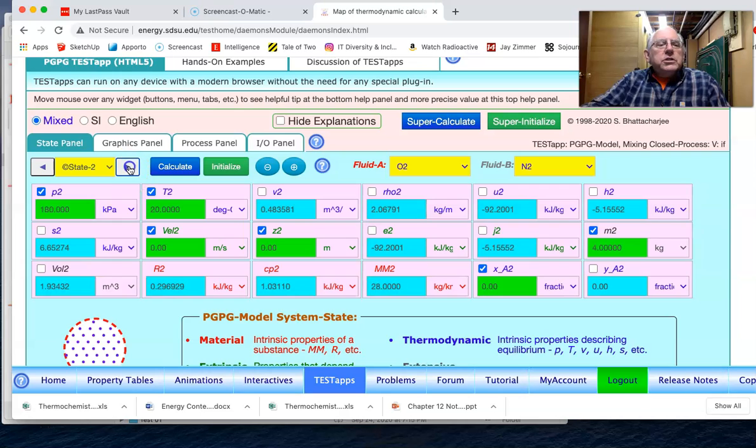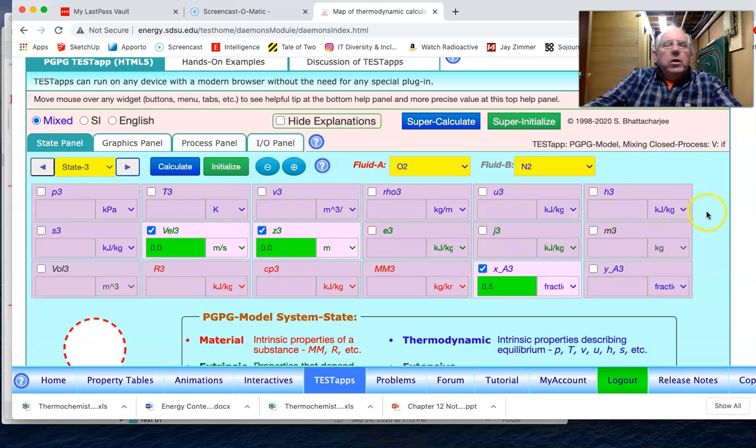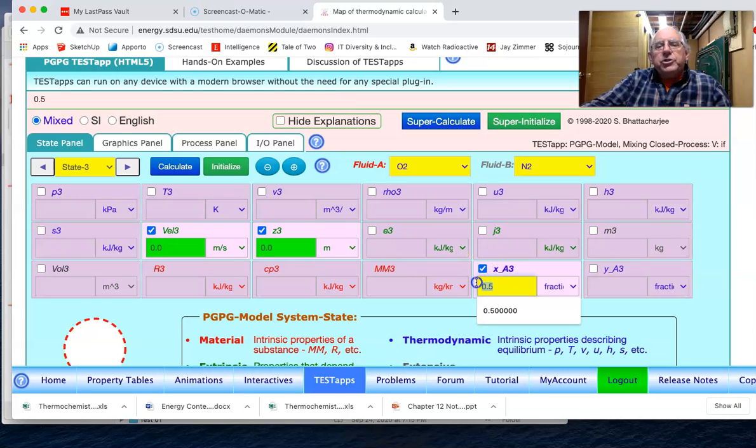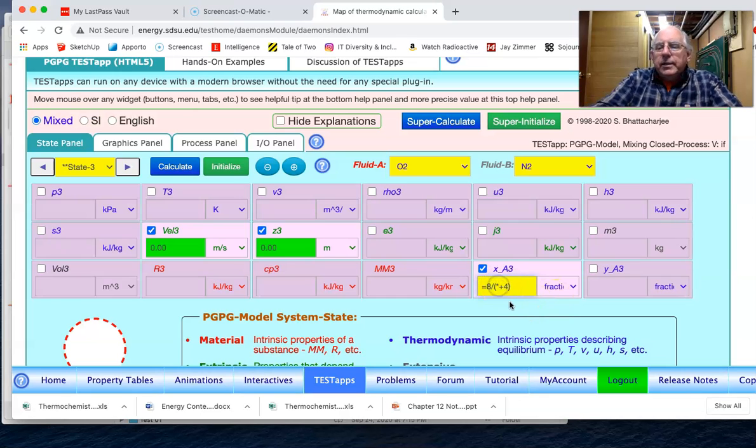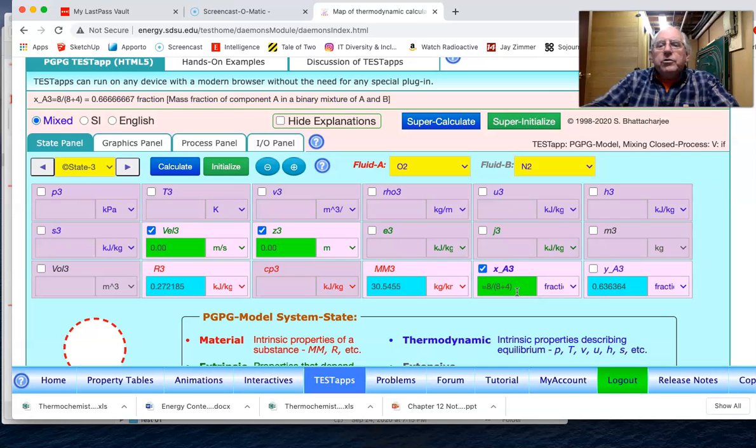We then go to state 3. What we know about state 3 is that the two have come together. The mass fraction of A in this final mixture is the amount of A, 8 kilograms, divided by 8 plus 4, so it's 8 over 12, or 2/3.